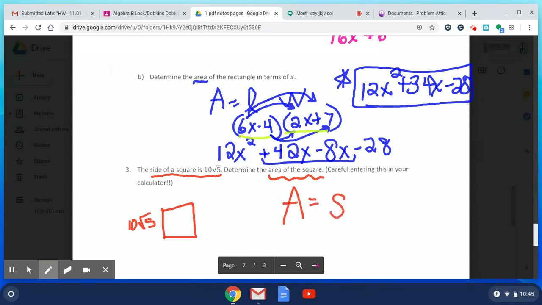S squared. Yep, S squared. So if each side is this 10 radical 5, we're going to substitute with some parentheses. So 10 square root of 5 all squared is going to go into the calculator. So as you type this in, you're going to want parentheses.